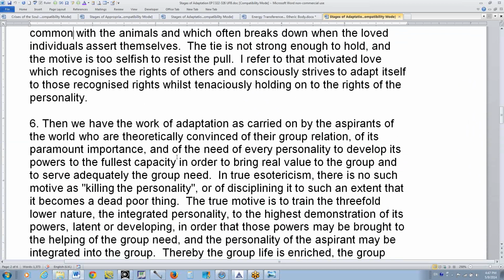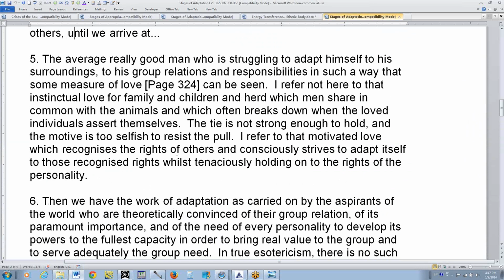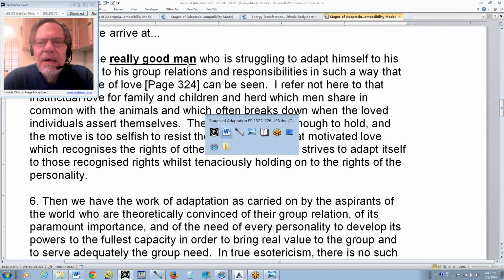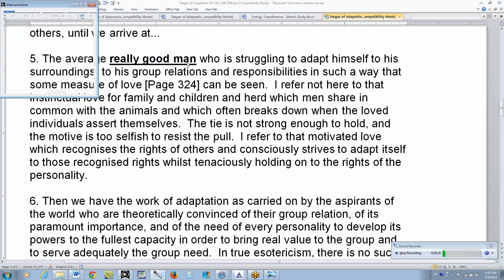It's a little easier. So the average good man. Okay, so that's the average man, the average really good man. Well, maybe stage of adaptation number 5 is really a little bit ahead of the average man, who's not necessarily really good, because really attempting to live according to the higher of the pairs of opposites. Perhaps not. All right, so let's see, where are we?